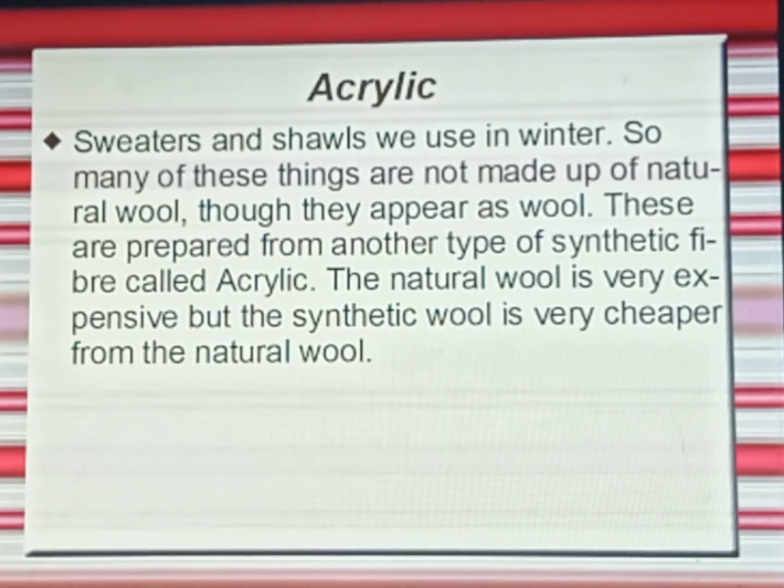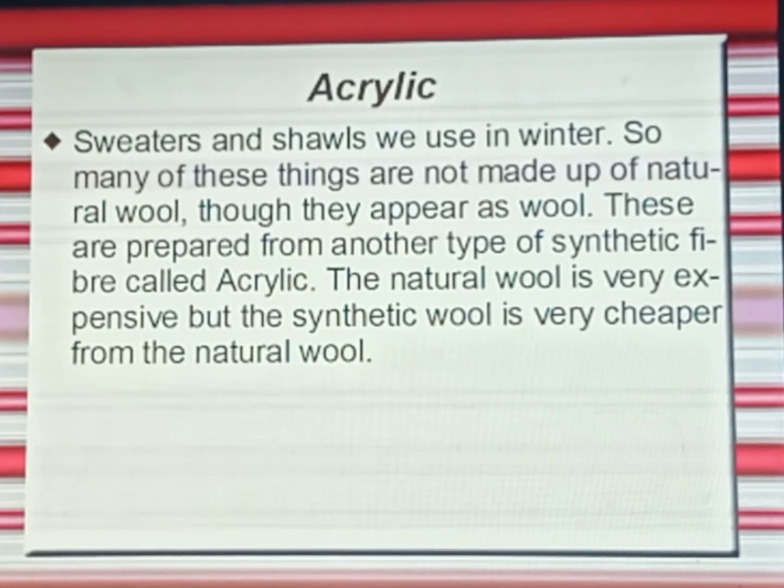I know that many people wear sweaters and shawls in winter. I think you also wear them. Many of these things are not made of natural wool, but they appear as wool. Why?